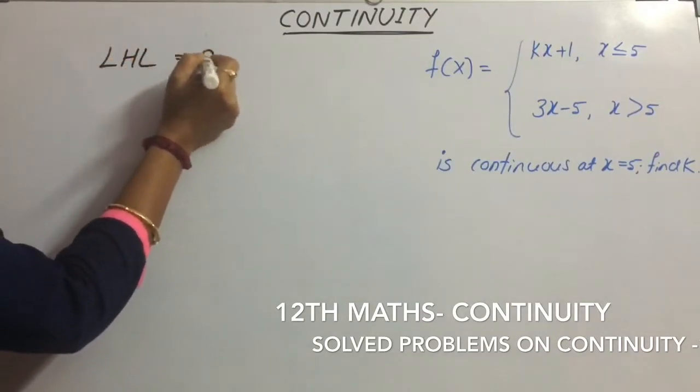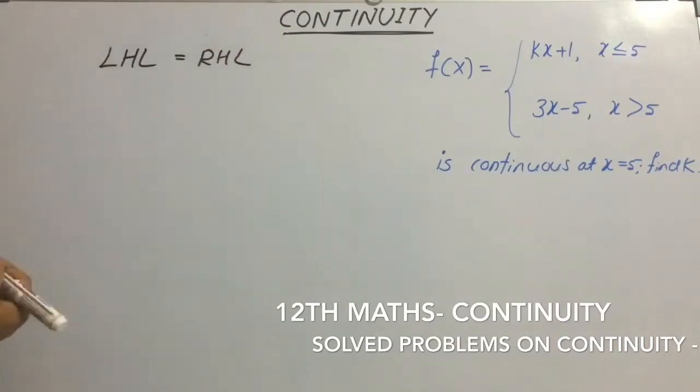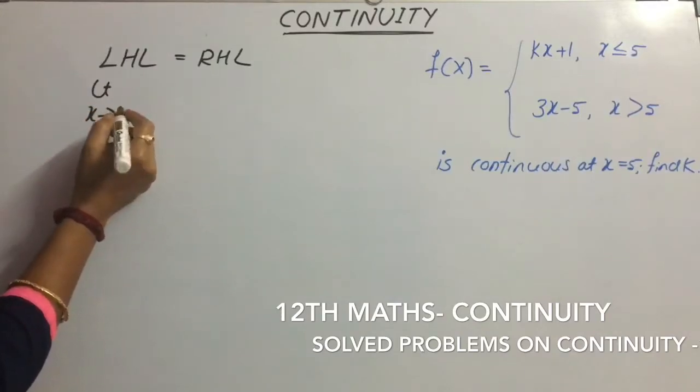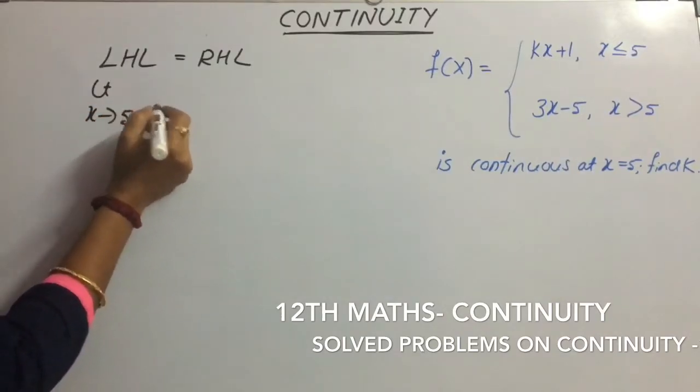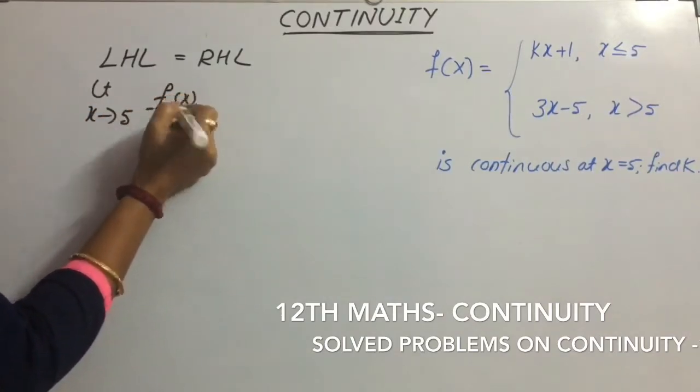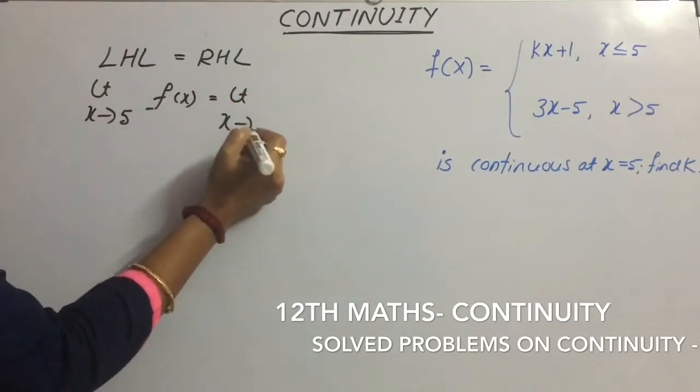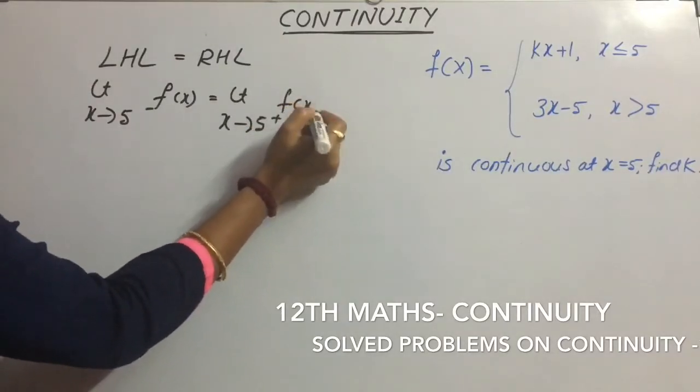So LHL equal to RHL, that is limit x approaches 5 minus f of x must be equal to limit x approaches 5 plus f of x.